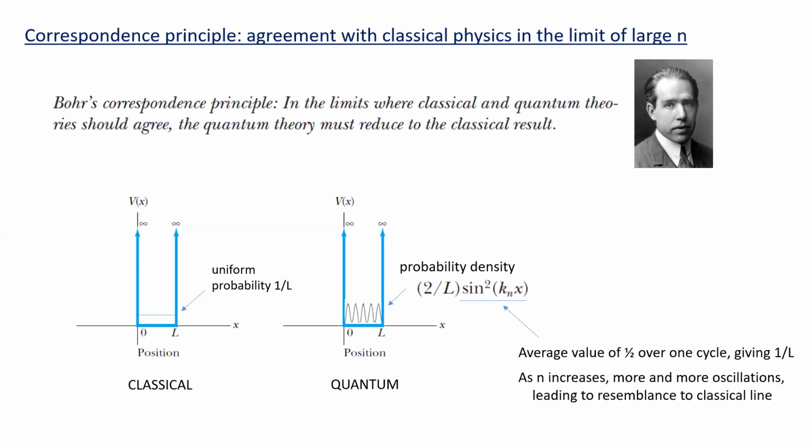That's our quantization. So the boundary conditions lead to these quantized energy levels, and we've seen that the result follows the correspondence principle. So we can be confident that it is physically valid.